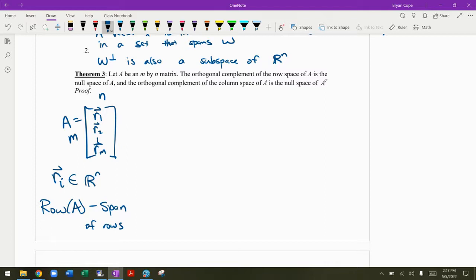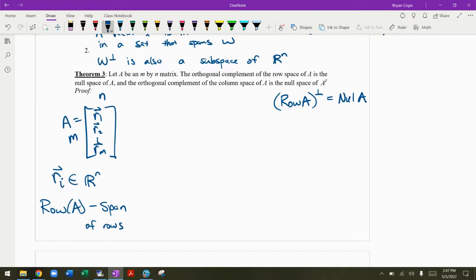Okay, so this says that the orthogonal complement of the row space of A is the null space of A. So here, let's write that out in notation. The orthogonal complement of Row A is equal to Null A. We're going to try and prove that.